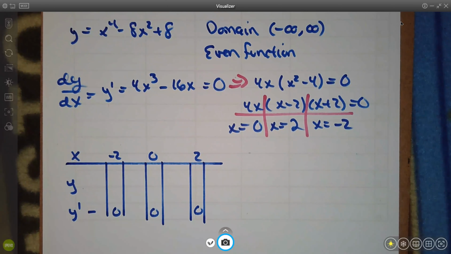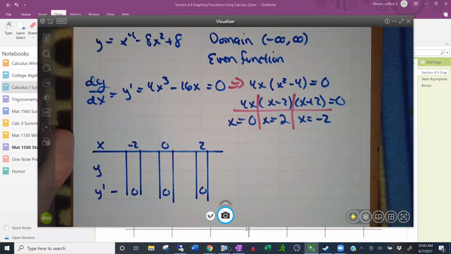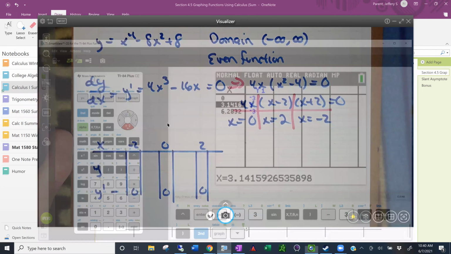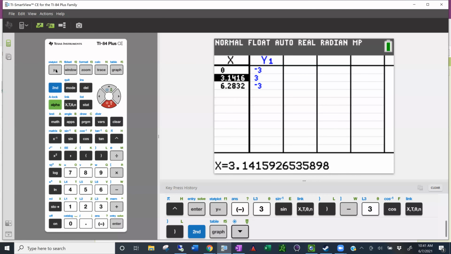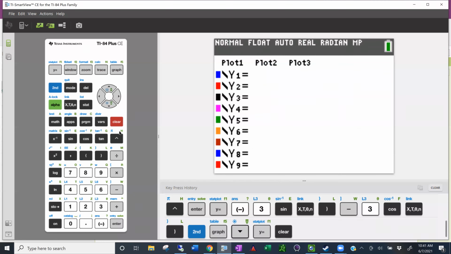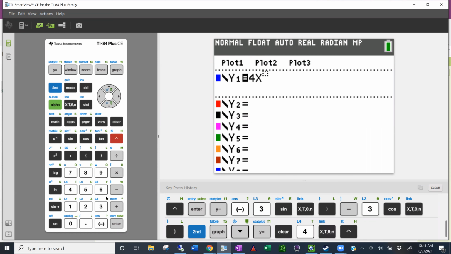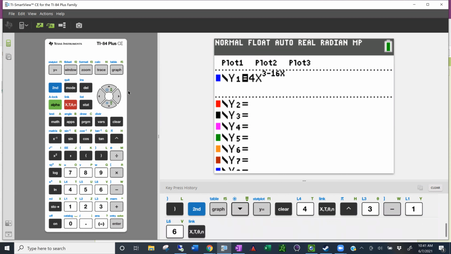Maybe I shouldn't just rely on kind of a quick look at it. Let's put in the function. Clear this out. 4x cubed minus 16x. Oops, got to exit the exponent.